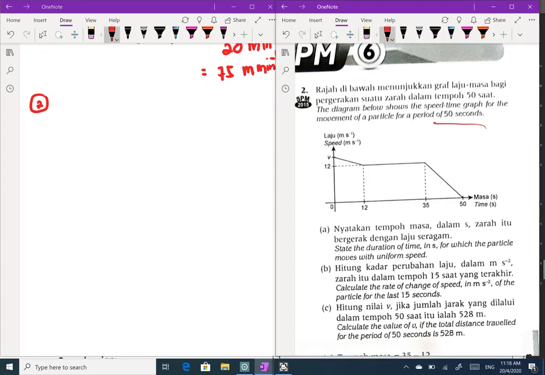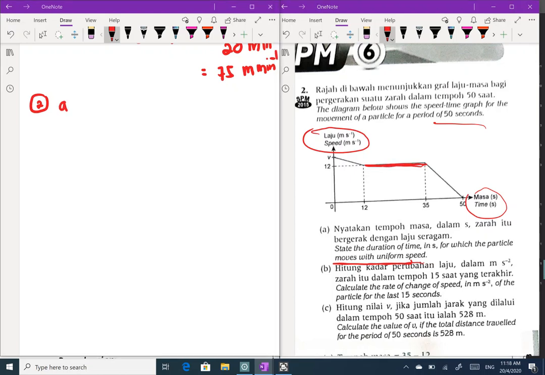Okay, state the duration of time for which the particle moves with the uniform speed. Uniform speed, that means this one. I want to know the duration. So duration is 35 minus 12. So you will get 23 seconds.